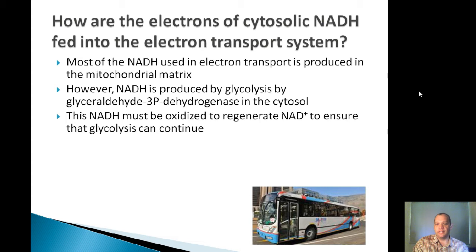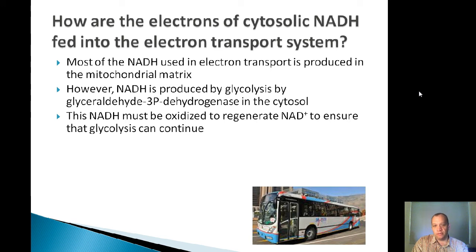We said that in certain organisms in anaerobic conditions, we will have either lactic acid produced, and the NAD+ can be regenerated in that way. Other organisms, such as the yeast Saccharomyces cerevisiae, will produce ethanol through ethanolic fermentation, which is also a way of regenerating NAD+ so that glycolysis can continue.